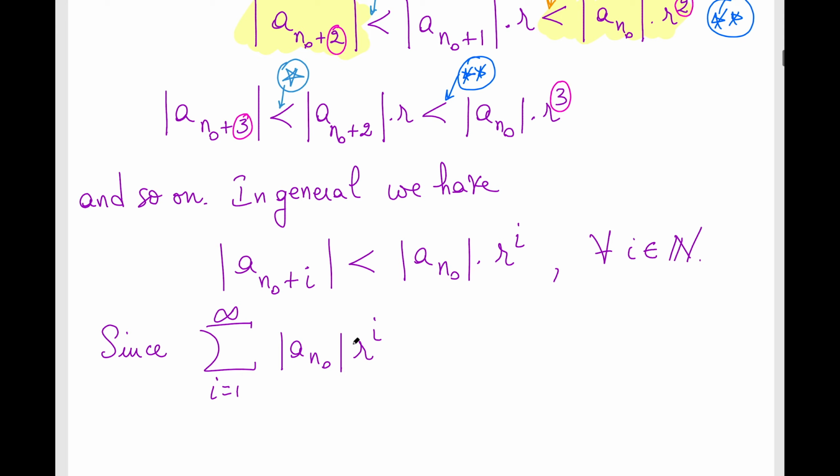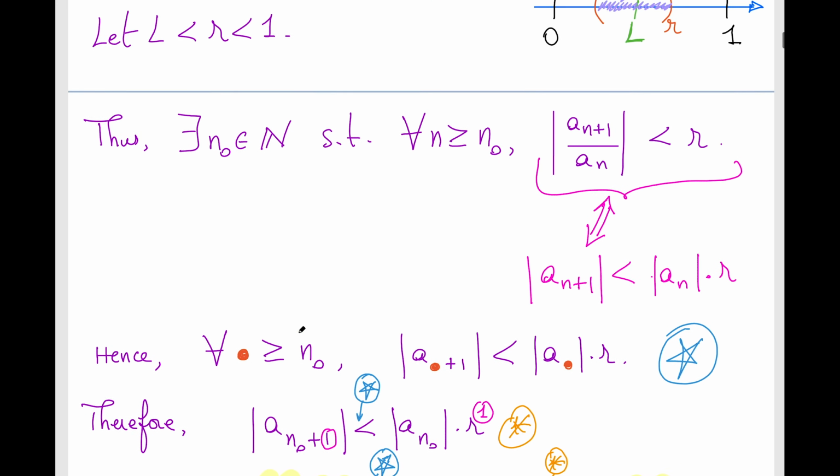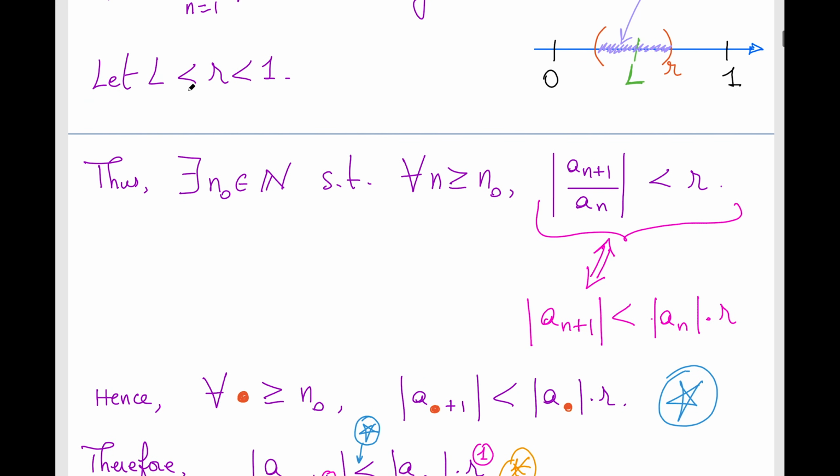This term here looks very close to the terms of a geometric series, right? Let's remind ourselves what r is. What is r? R is a number that's positive and smaller than 1.